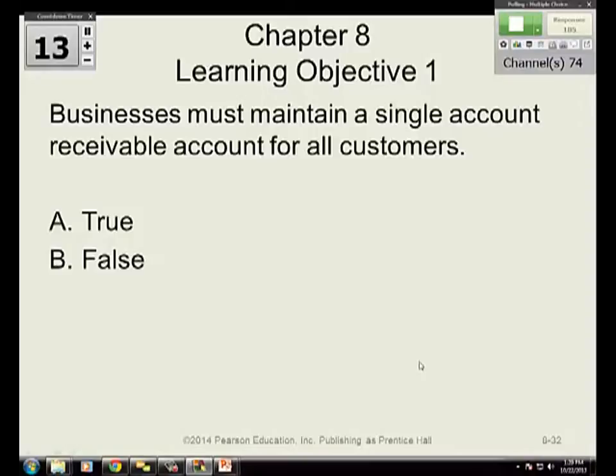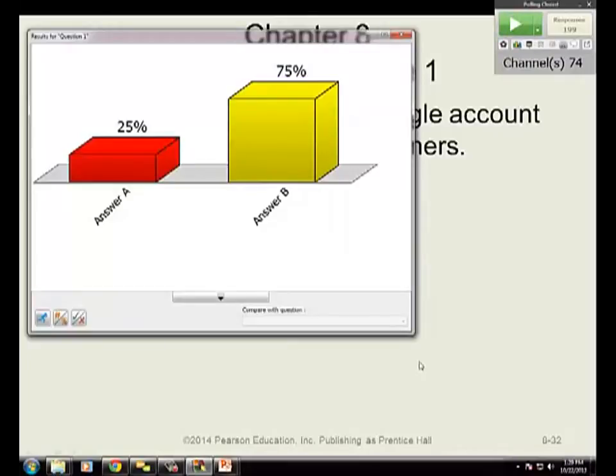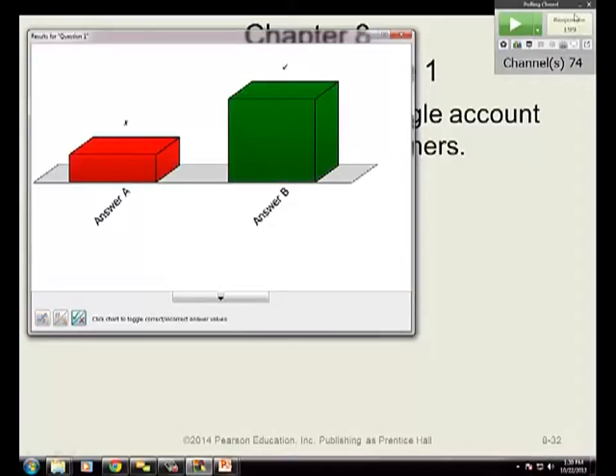It's kind of tricky. All right. So this one, no, because if you remember, you have separate accounts for each customer. Those are the subsidiary accounts, and the ledger account is the control account. So you have one single account, which is the control account. You get separate accounts for individual customers. So that one's going to be false.